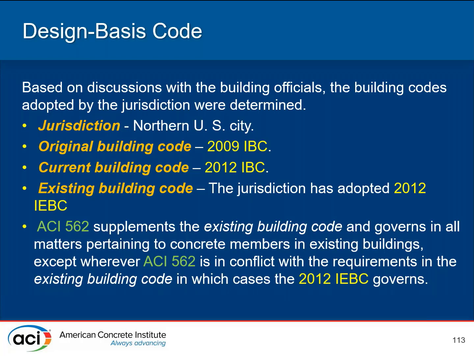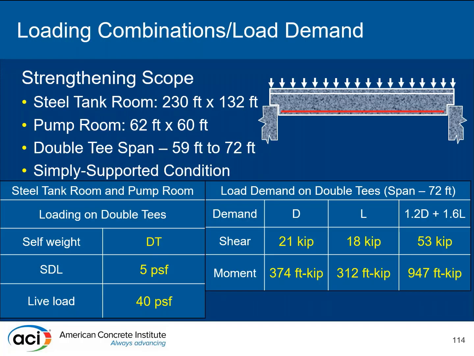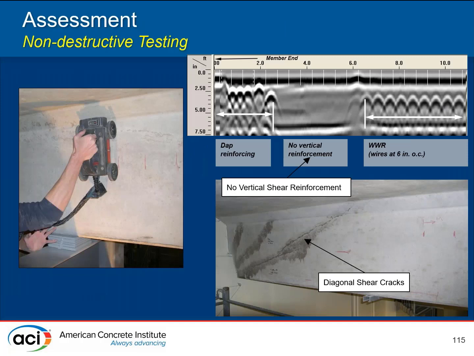They adopted the IEBC, and 562 was also used. They did some calculations. Here are the demands. Most importantly, one of the things they did as part of the structural assessment was some non-destructive testing.